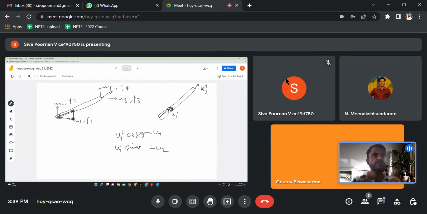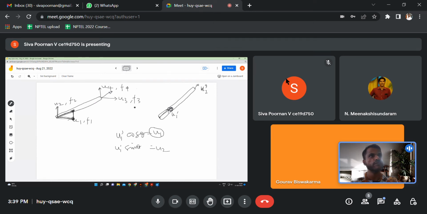So if this is going to be u1 dash, then this is going to be u1 and this is going to be u2. That is all. So it's just the cos component and the sine component. You could do it the other way also. Basically here we are finding the global coordinates. You would have known by now, right? Global means in the global structure we are seeing how it looks.